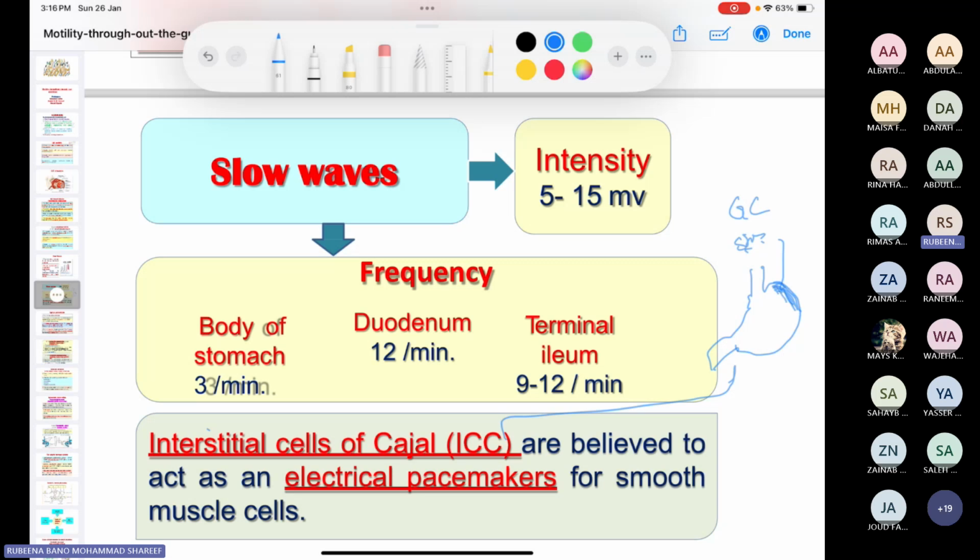From here, these slow waves originate and travel throughout the GI wall.